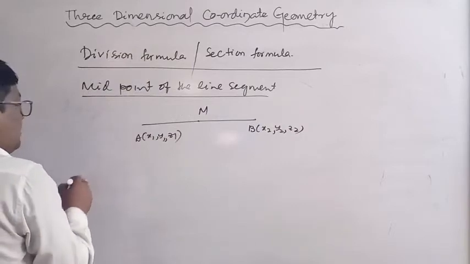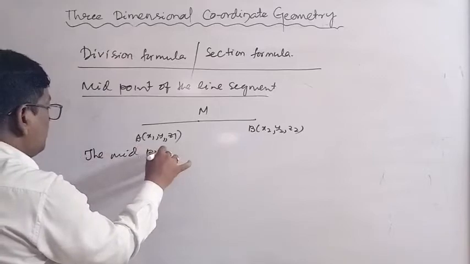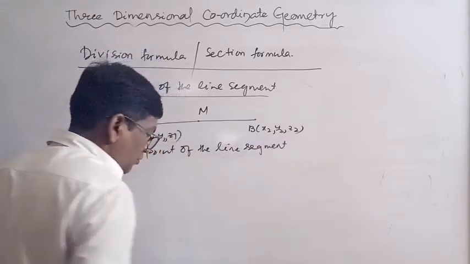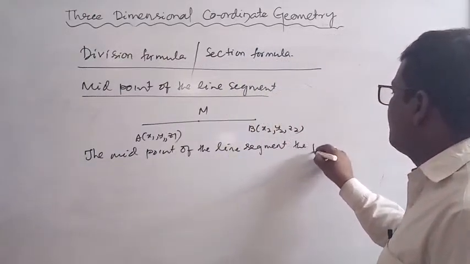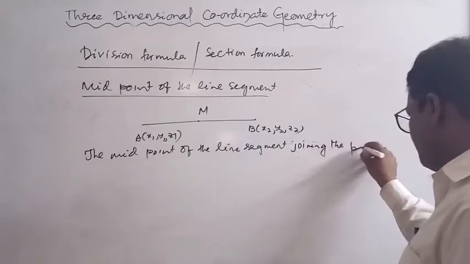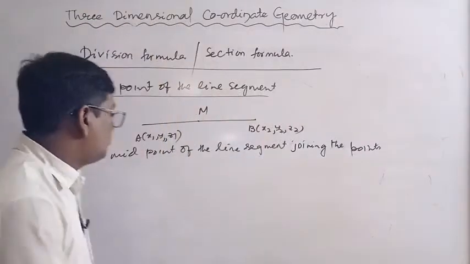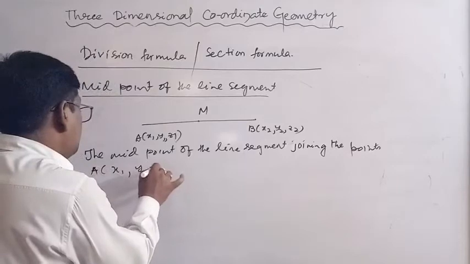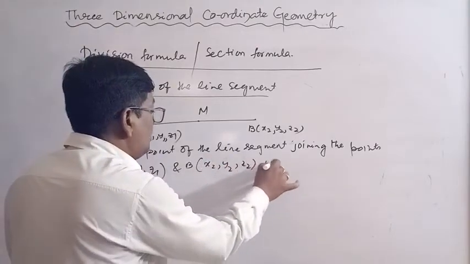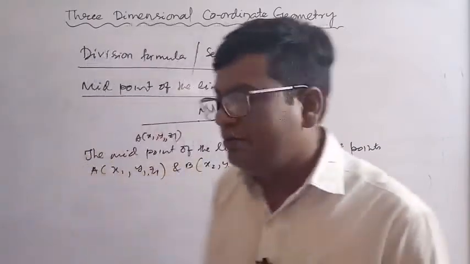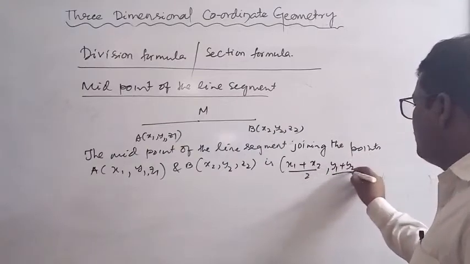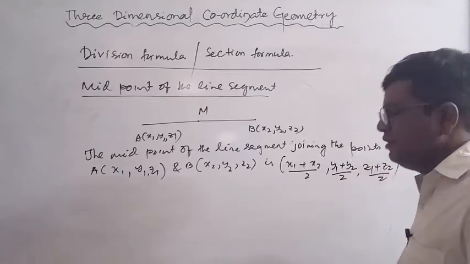The midpoint of the line segment joining the points A of x1, y1, z1 and B of x2, y2, z2 is given by (x1 + x2) by 2, (y1 + y2) by 2, (z1 + z2) by 2. This is the midpoint formula.